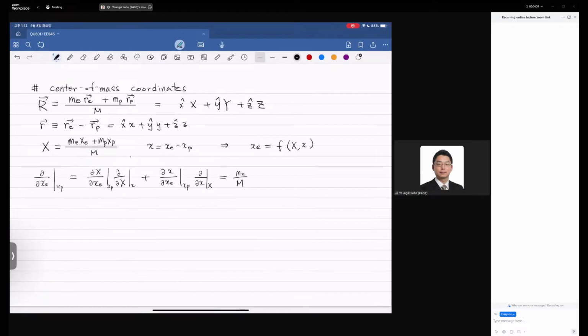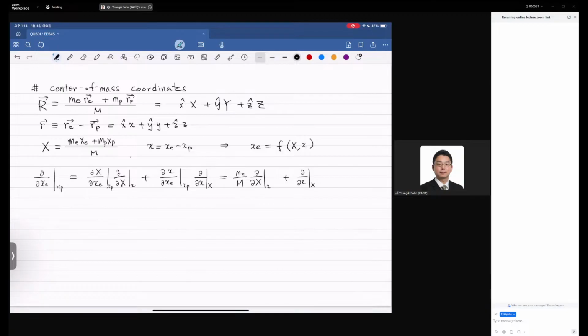Then you get the partial derivative of the center of mass coordinate for a given relative position plus the relative position, and if you calculate this, you just get 1. So it just disappears, and then you get this. Okay, that's the first derivative.